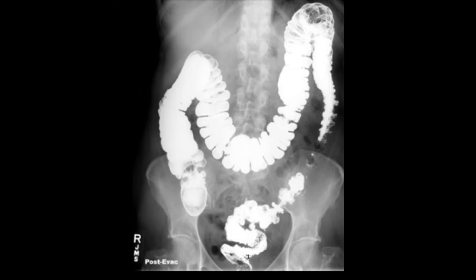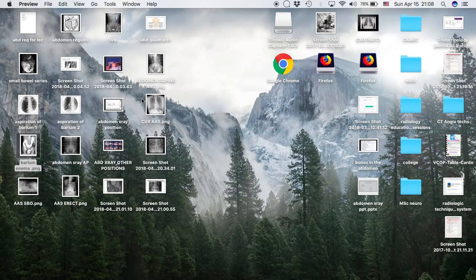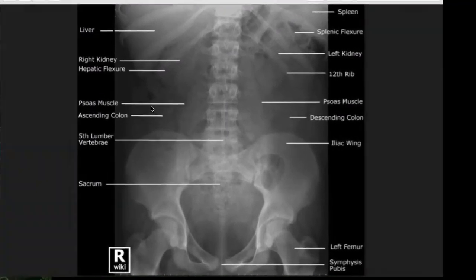You can see the nice S shape right here forming the sigmoid colon. And then we have the rectum, the distal most part of the bowel. So this is the barium enema image, and then we will have a look at the basic abdomen x-ray.